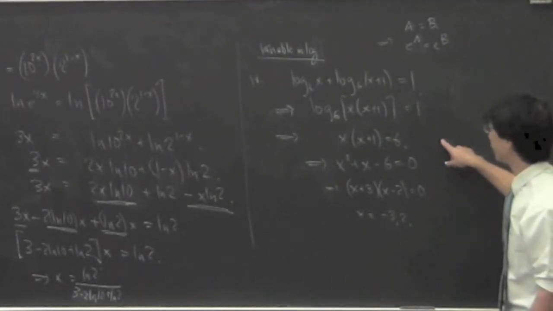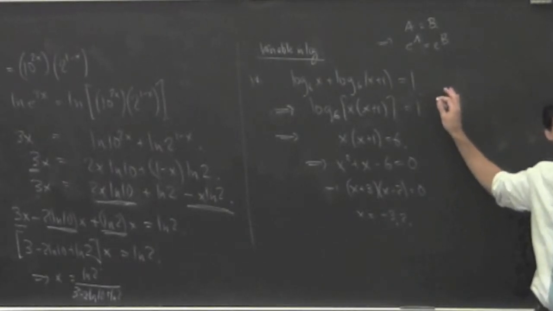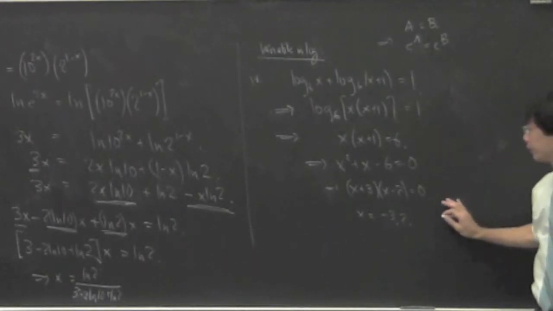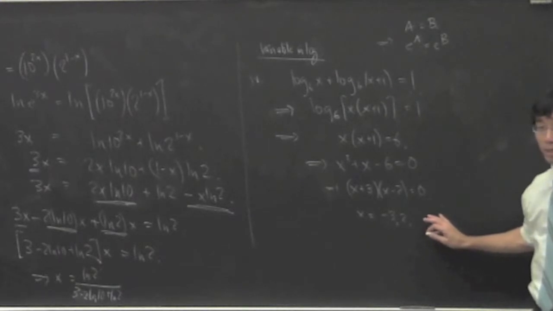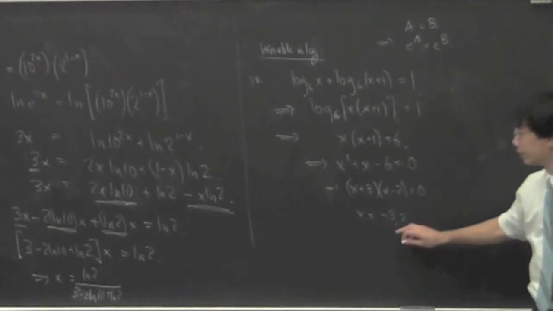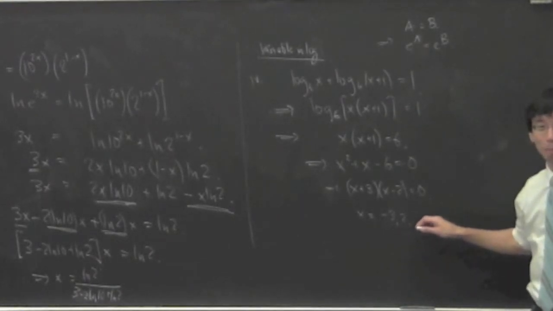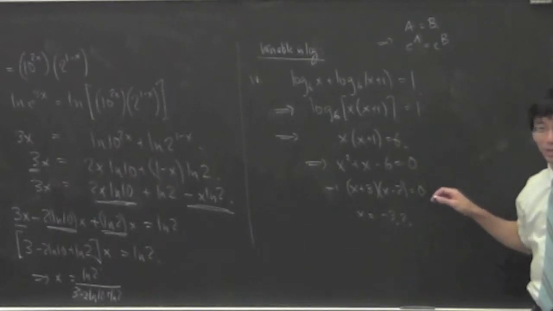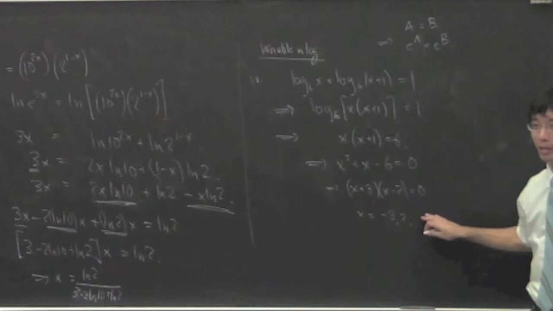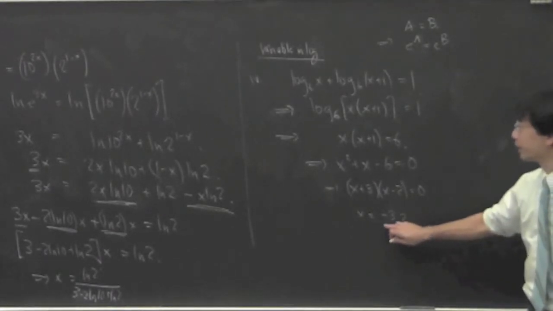Okay, so is everyone else okay? Everyone okay with this? Okay, but actually there's something wrong with this. What's wrong? X can't be -3, right?